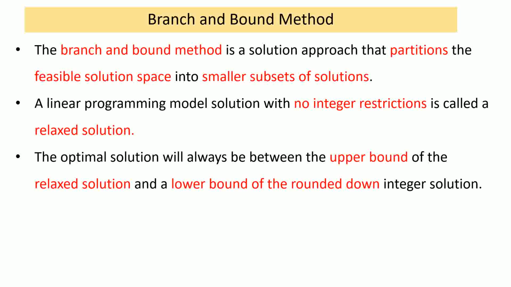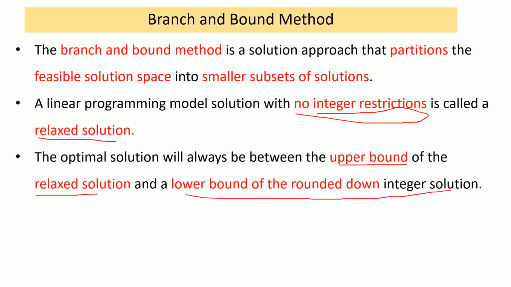And a linear programming model solution with no integer restriction is called a relaxed solution. And the optimal solution of the integer linear programming is always between the upper bound of the relaxed solution and the lower bound of the rounded down integer solution.